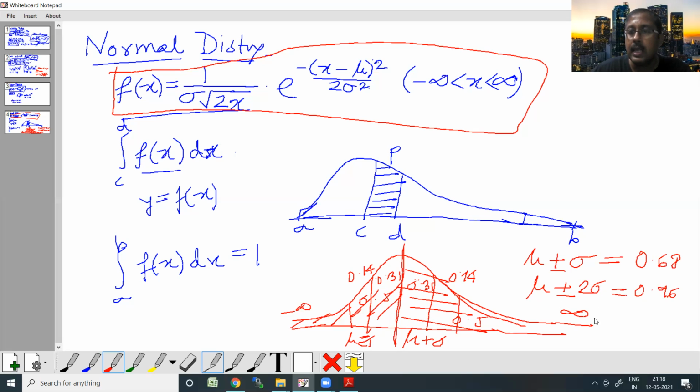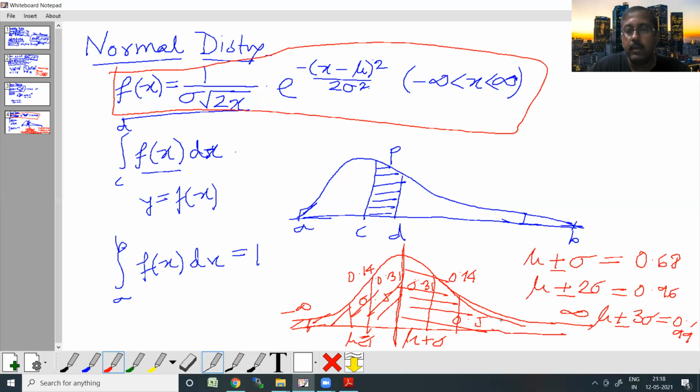95.45%. Same way, if I look at mu plus minus 3 sigma, that is going to have a value of almost 0.99, or 99%. Actually, it's 99.73%. So that's the concept of 3 sigma.